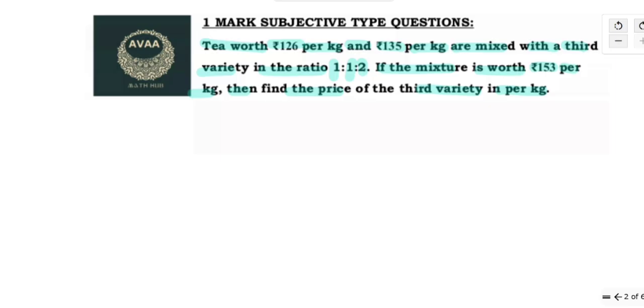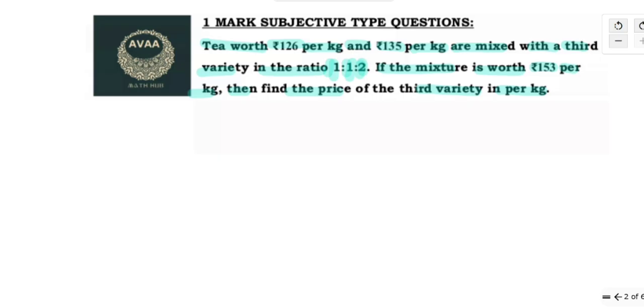So far in the alligation rule, two kinds of quantities have been discussed. But here we have got three varieties, so the ratio also has been given based on three varieties.